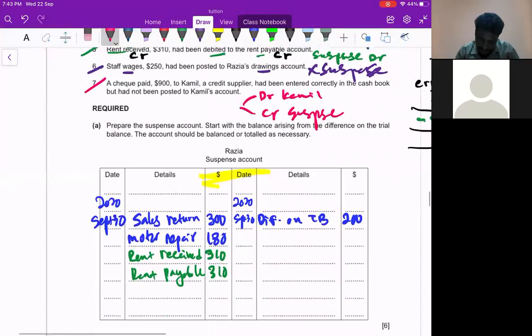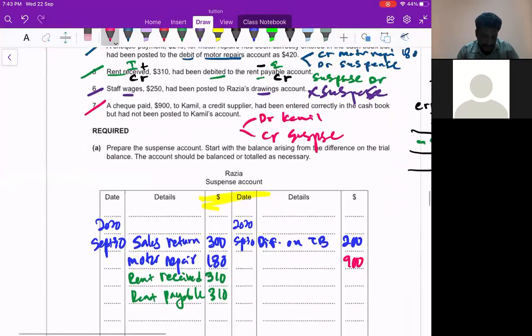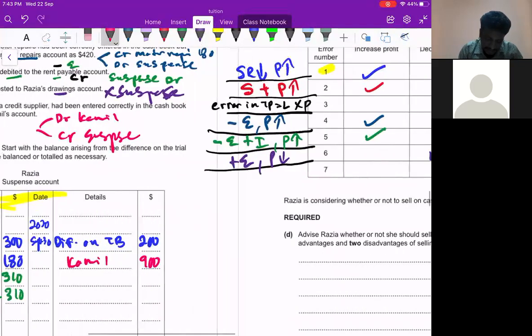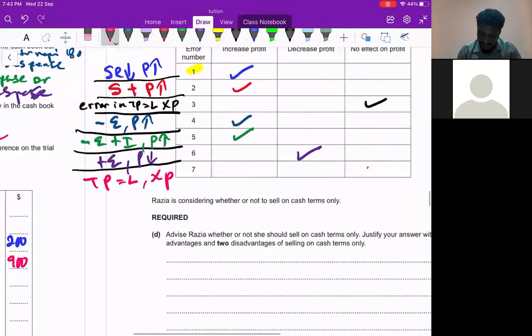Suspense will be credit by 900 and that one will be Kamil. And Kamil is your trade payable. Trade payable is liability. Anything happen in liability, no effect in the profit.